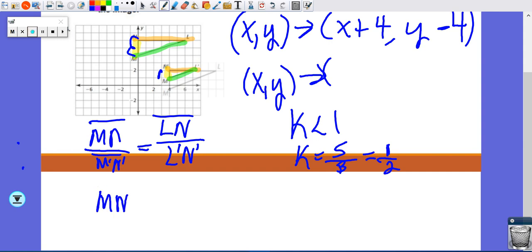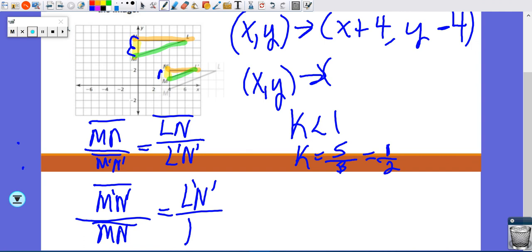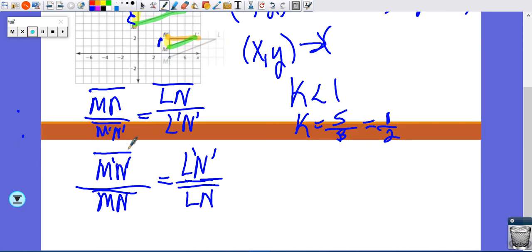So MN prime over MN, and then LN prime over LN. Those should be equal. So we already got this is 1 and that's 2.